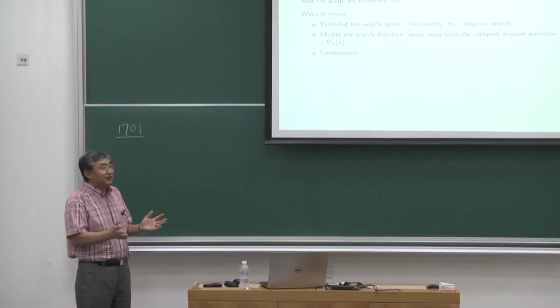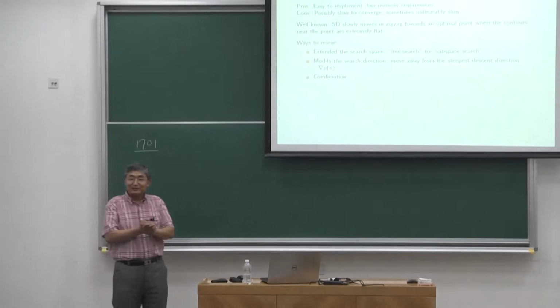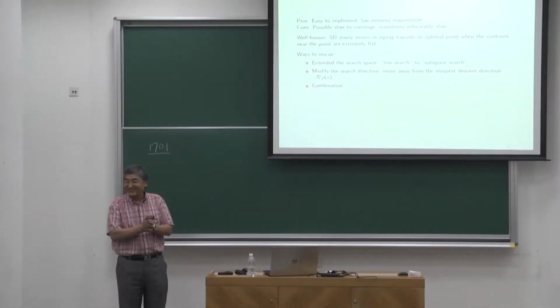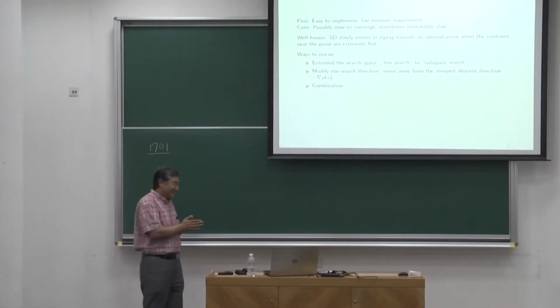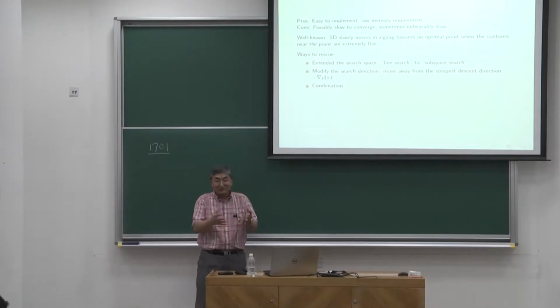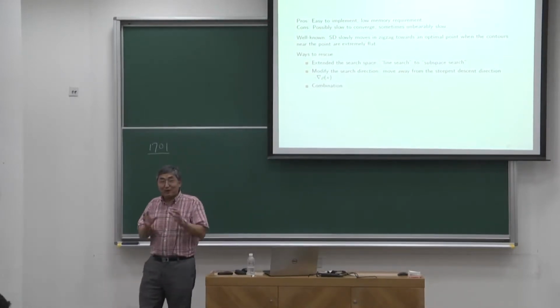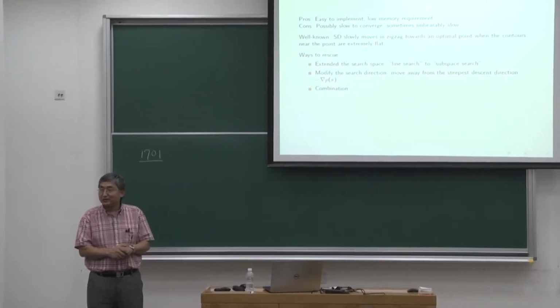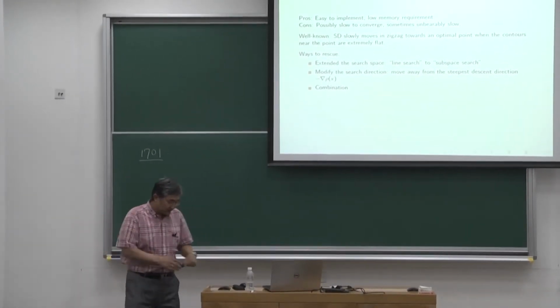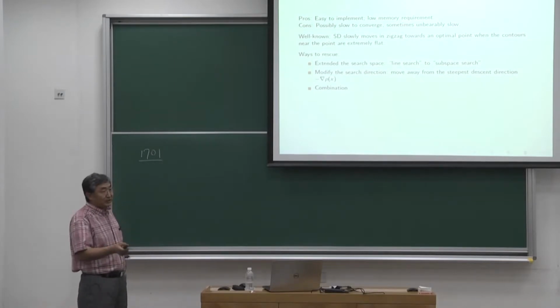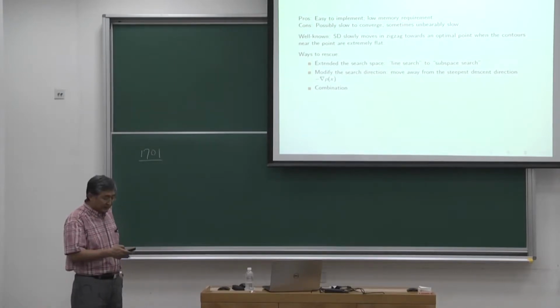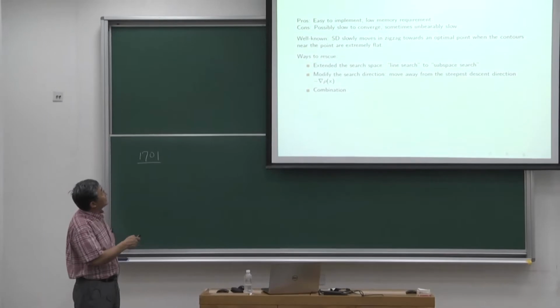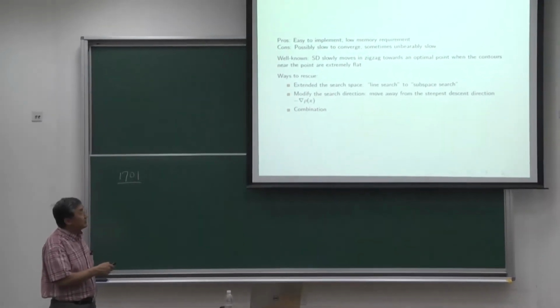I hope everybody still remembers something that I said last week, because you've been bombarded with too many things in the last 2 weeks. But let me start refreshing: we were talking about steepest descent. That is a simple algorithm.